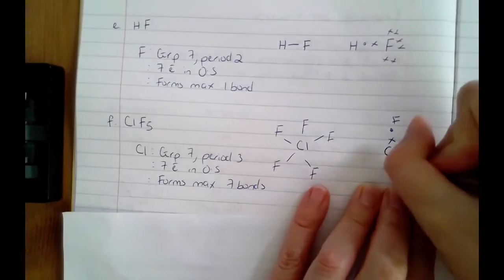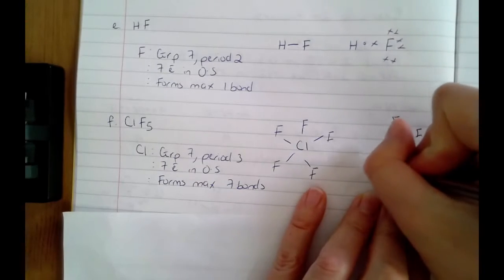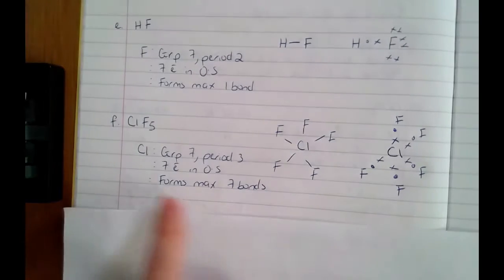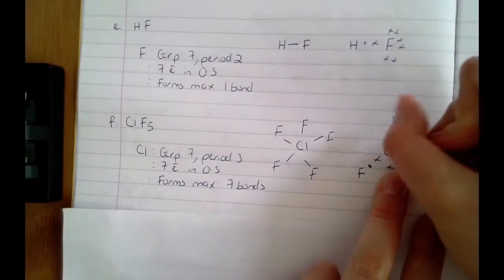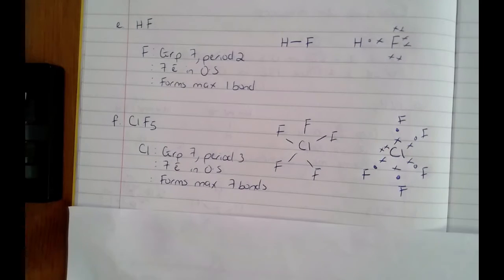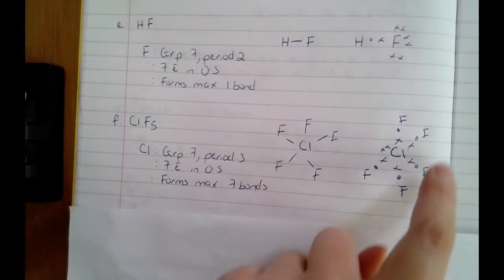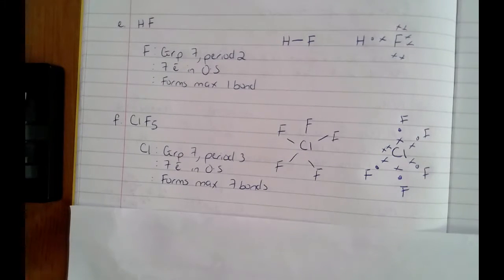The crosses here are representing chlorine's electrons, 1, 2, 3, 4, 5, but it does have 7 electrons in total, meaning chlorine is going to have another 2 crosses that just sit on it, not involved in bonding. To finish this off, I would need to put another 6 dots around each fluorine, which I'm not going to do, but you absolutely have to do that.